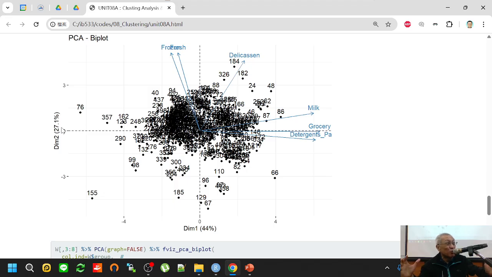When you originally have 6 variables, and all of the information is in these 6 variables, when we compress it into 2 variables, we still have 70% of the information remaining in those 2 variables, right? And the advantage is that we lost 30% of the information, but we can actually plot the variables and also the data points in the two-dimensional space.